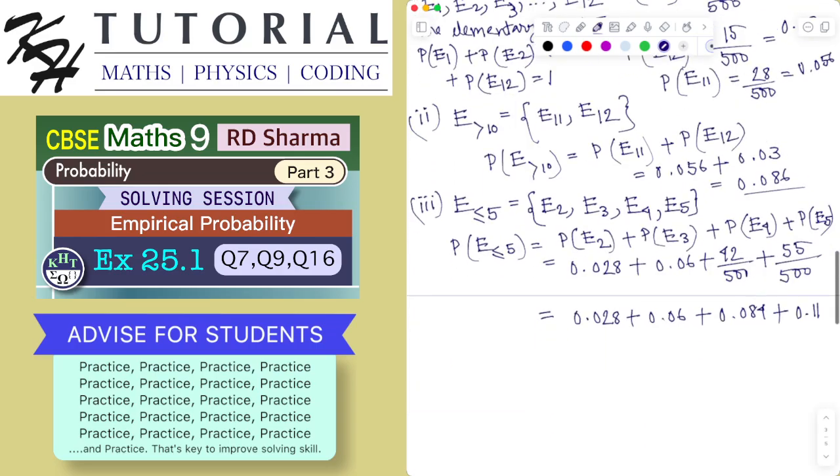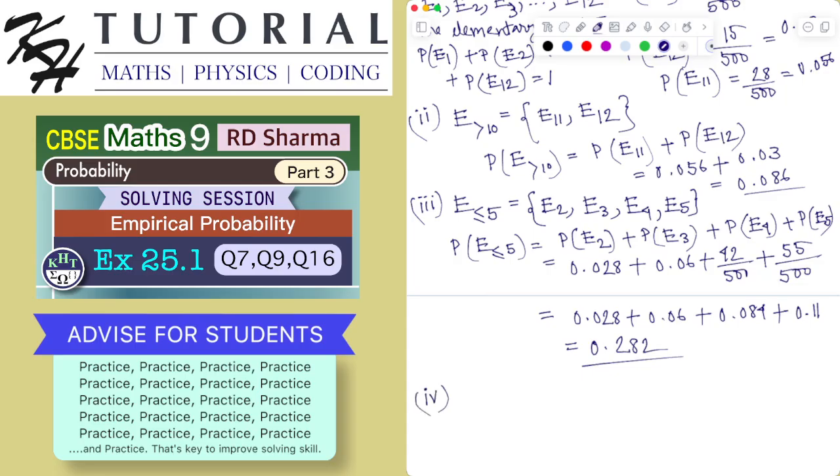If I add these numbers up, it is coming out to be 0.282. This is the probability of the event that the sum of the two numbers appearing on the top of the two dice is less than or equal to 5.